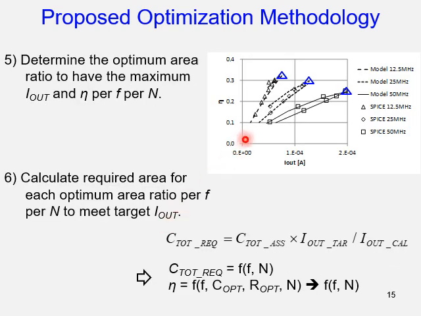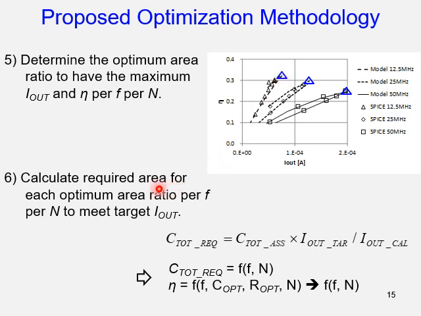Then you should draw a graph showing eta versus I out by varying the frequency and C over switch. And you identify the optimum point where both eta and I out are maximum.